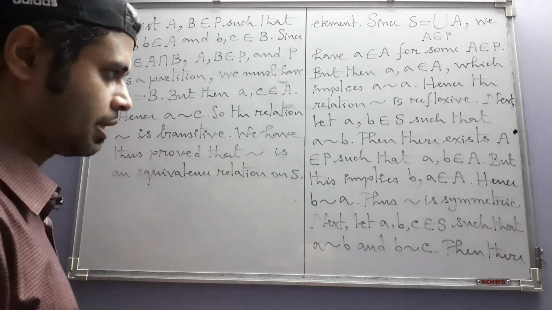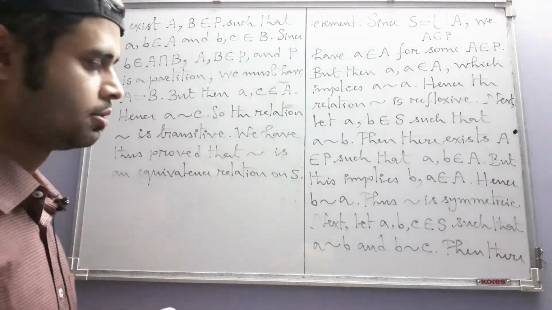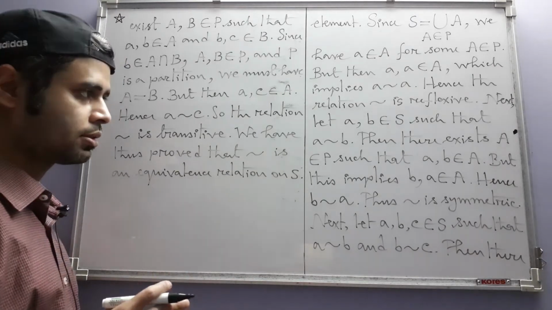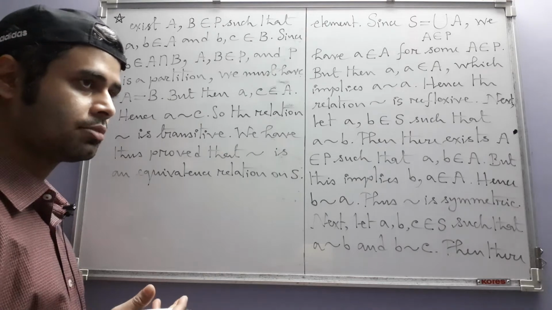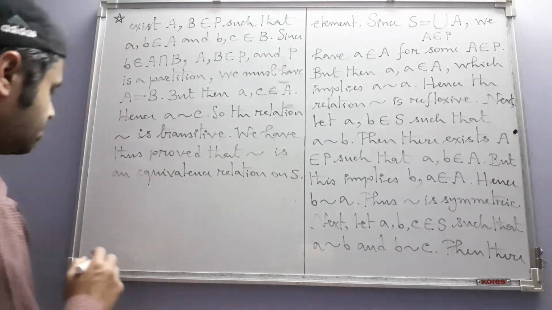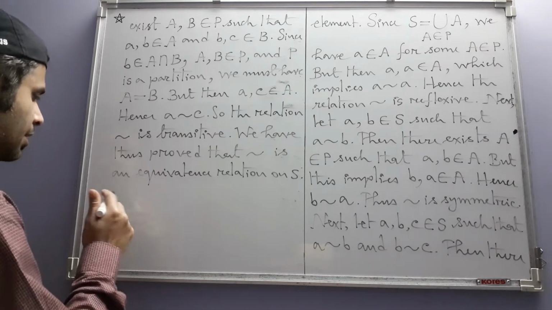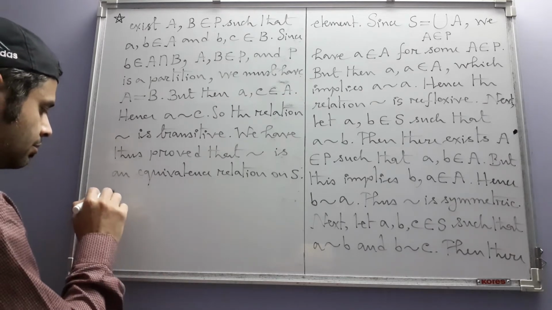Fine, but that is only half the job. Now we have to show that the equivalence classes of this relation are actually nothing but the sets in P. Okay, for that, in fact, let's just write that first.